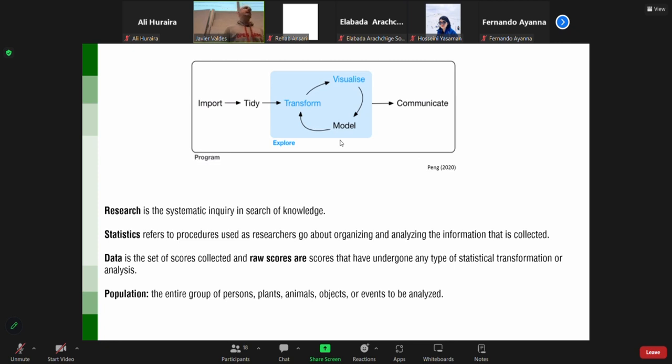So let me give you an example. Let's say that we have access to a company that has data on all its users. Is that the population?